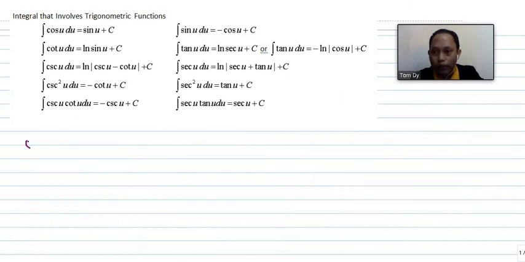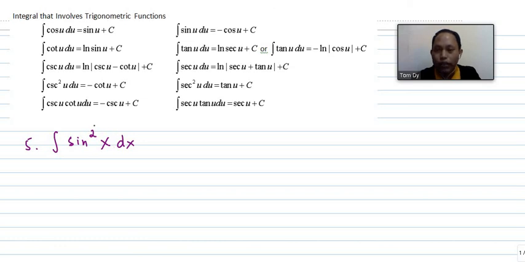Example number 5. That is the integral of sine squared of x dx. Okay, if you have noticed, there is no direct integral of sine squared x. This one is integral of sine u du. So we do not have any direct integral of sine squared x.